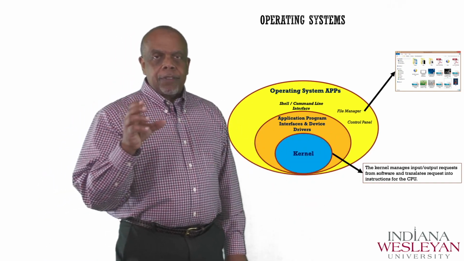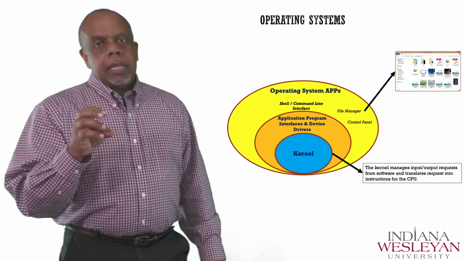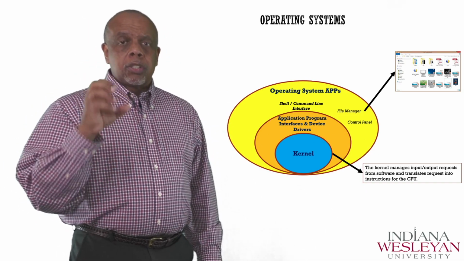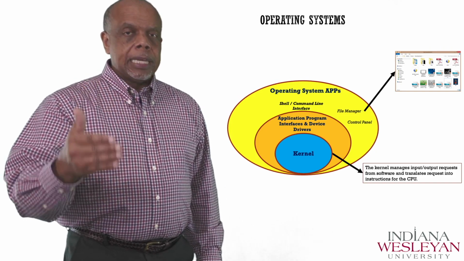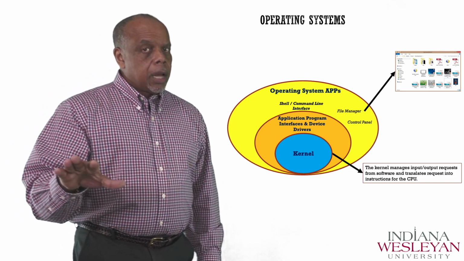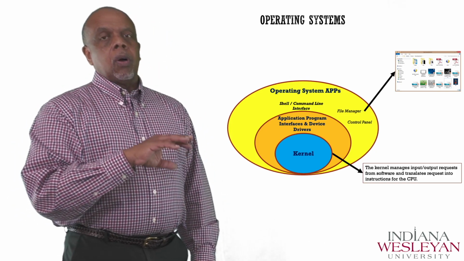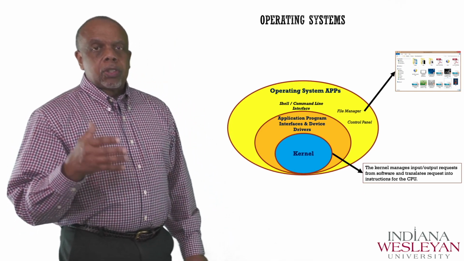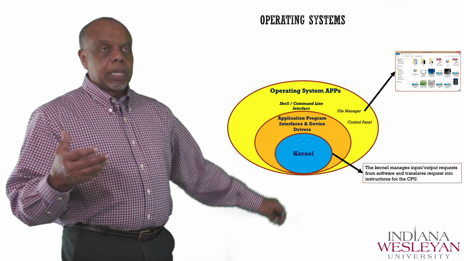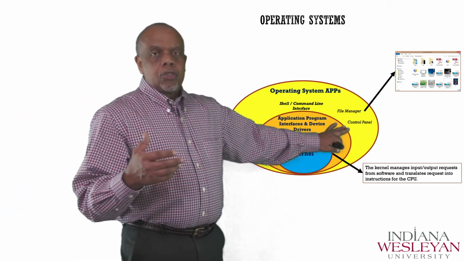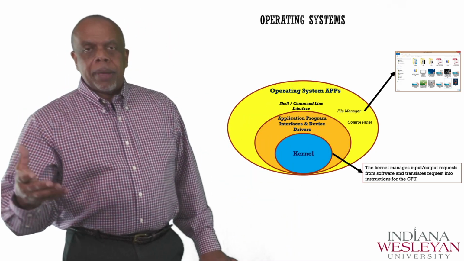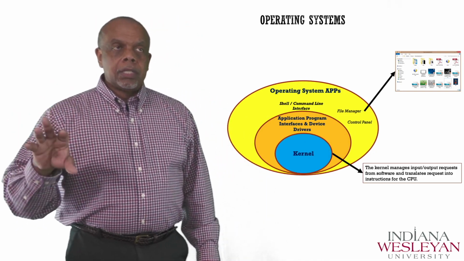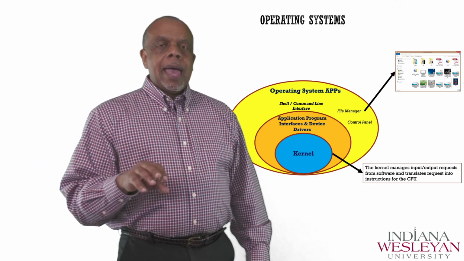Think of it this way: if you bought a brand new computer and the only thing loaded on it is Windows 10, not Adobe or Microsoft Office, those functions you can get to through Windows 10, like the control panel, the file manager, Windows Explorer, are operating system applications.